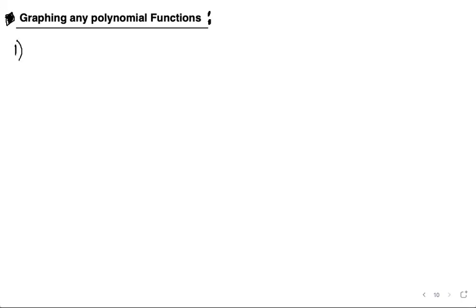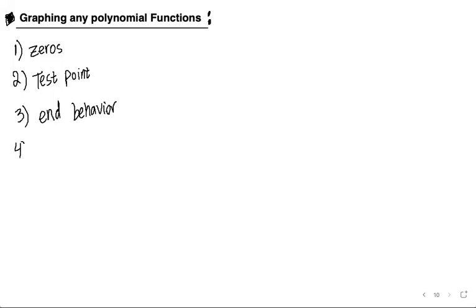First thing, we need to find the zeros. This is the first step. Second step, we have to test points. Third, we have to find the end behavior. Last thing, we have to graph the function.